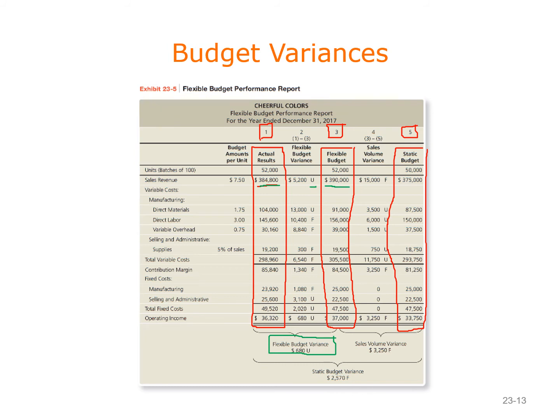In the static, we didn't use the actual units, we use the budgeted units multiplied by the budgeted costs and prices. So if I'm looking here, I consider the flexible budget as if it is the actual. This is why, when I compare the flexible 390,000 to the static, I consider it favorable. Whenever the difference increases the operating income, I consider it favorable.